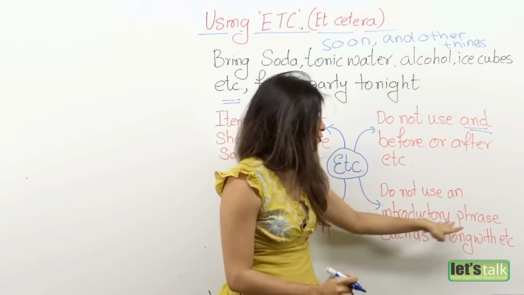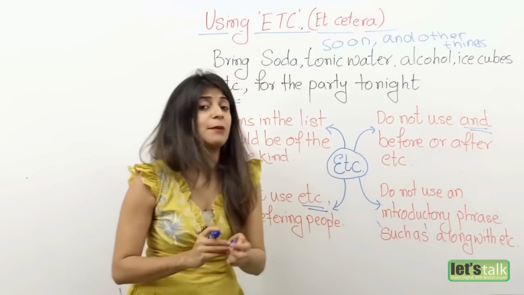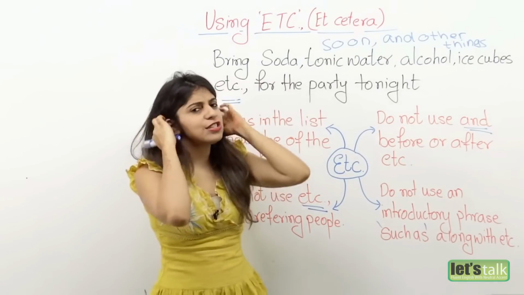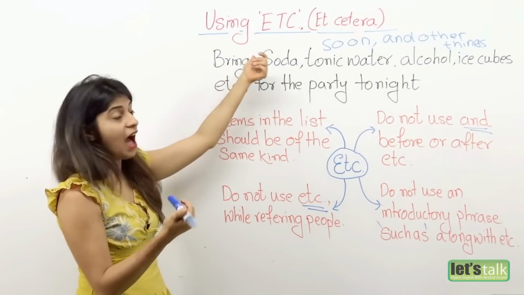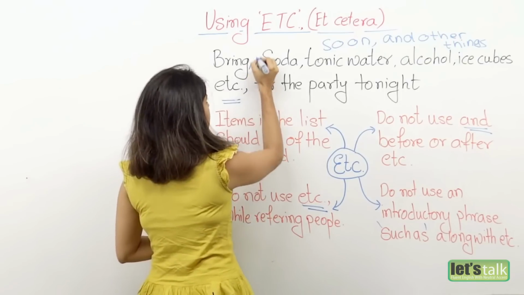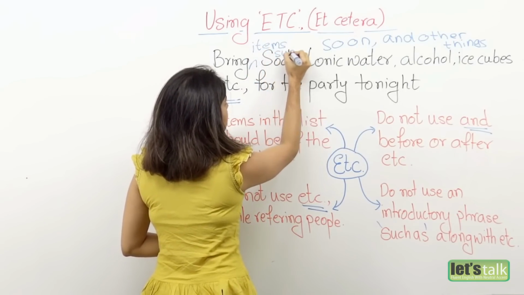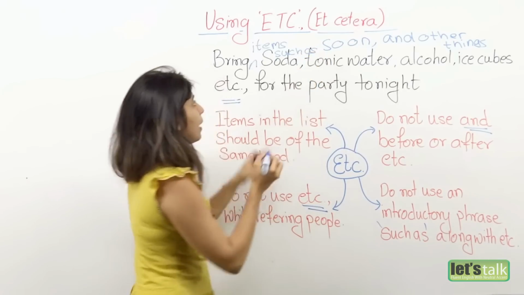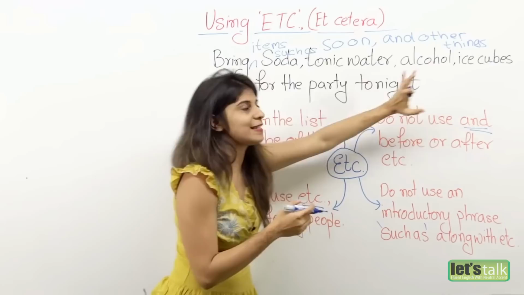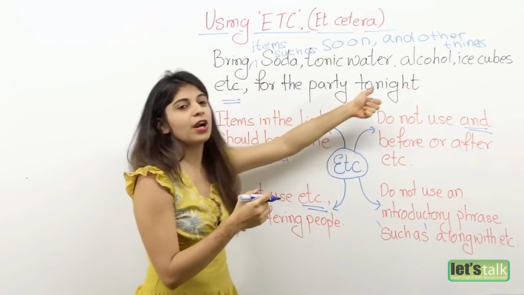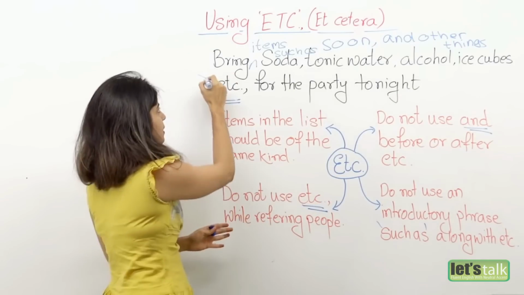Do not use an introductory phrase such as along with, etc. Now what I mean here is, just imagine if I say, bring items such as soda, tonic water, alcohol, ice cubes, etc. for the party tonight, then my sentence is incorrect.